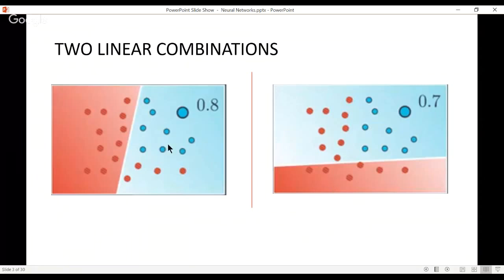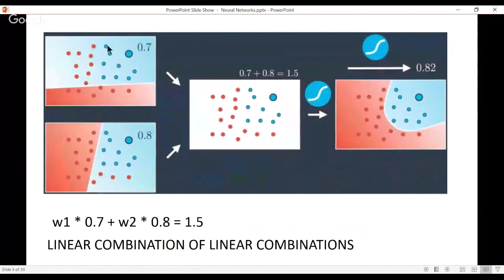So is it possible to get a combination of these two, dividing these two decision boundaries, and come up with a curve, a decision boundary that looks like a curve? For that, we combine these two linear combinations of the input data points.